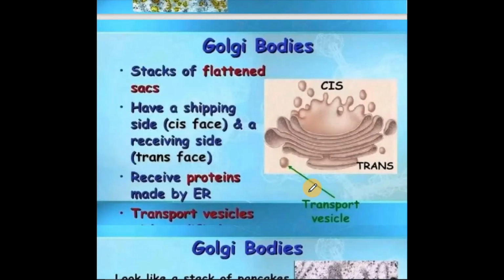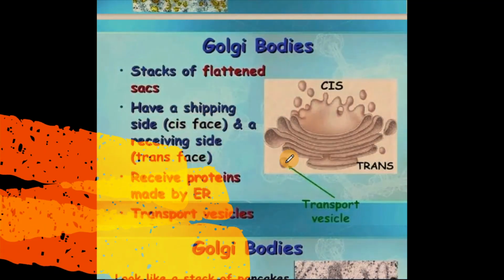The last organelle we are going to discuss here is called the Golgi body, or the Golgi apparatus, which is made of flattened stacks which have a shipping site and a receiving site. The main function of the Golgi apparatus is to help in transport of proteins and other molecules.